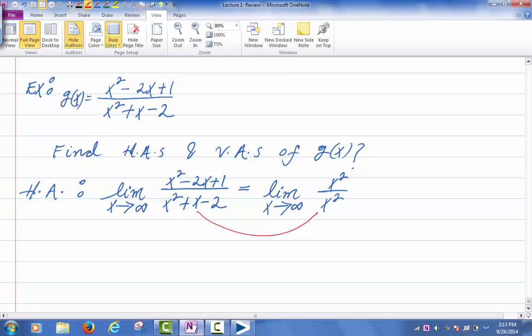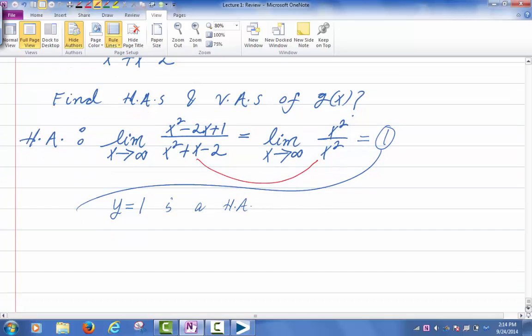All I'm saying is that they have the same limits at infinity. So don't think that I'm saying that they are the same functions. So what's the limit now? Well, the limit now is 1. So this already tells me that y equals 1 is a horizontal asymptote, okay?